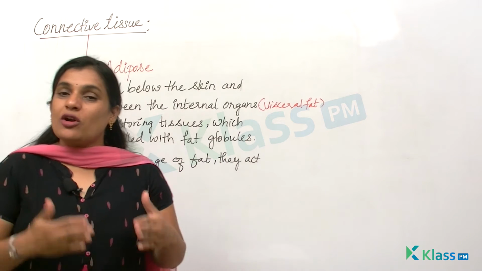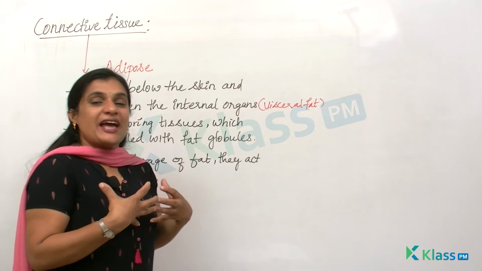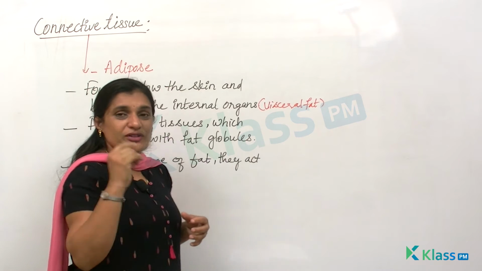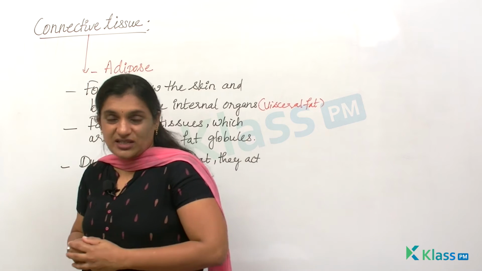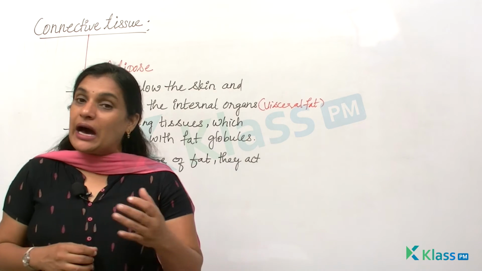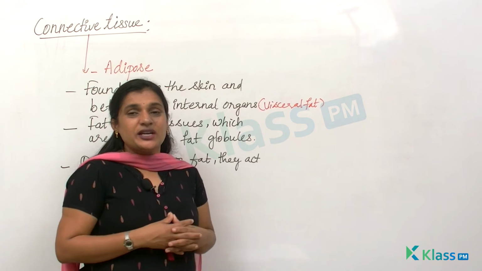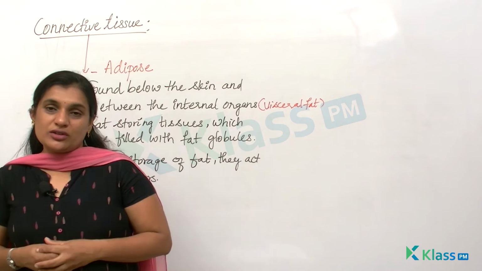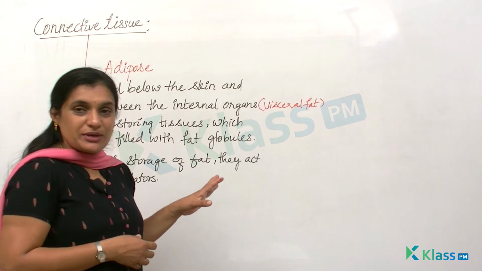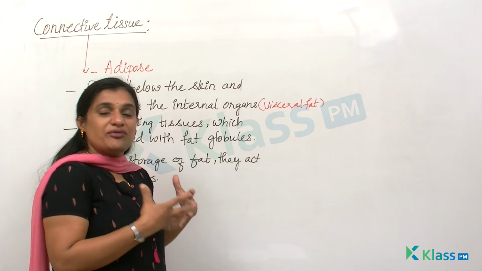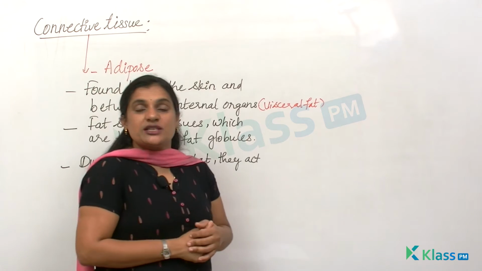So the one who has a lot of fat deposition in the body, you can see that they actually keep their body warm. And if we take examples of animals which are living in Antarctic and Arctic regions, like Arctic fox or seals, you can see penguins, right? They have a thick coat of fur on their body, and this fur acts as an insulating material, and they have a thick fat layer, adipose tissue layer under their skin, which is said to be blubber.